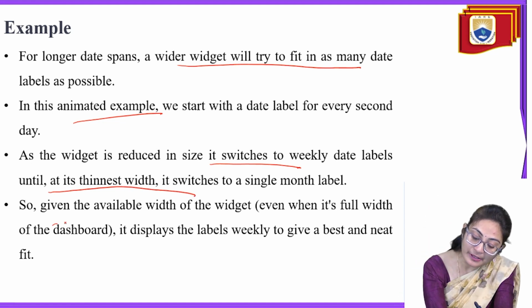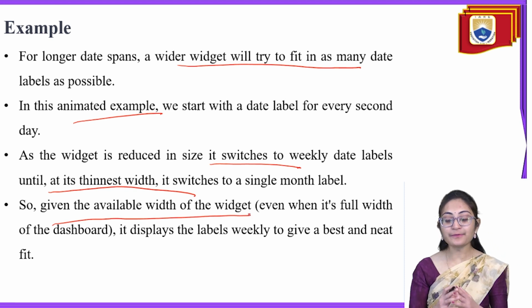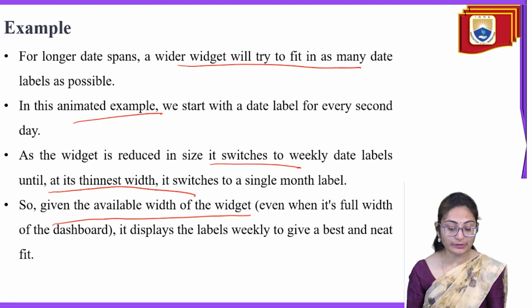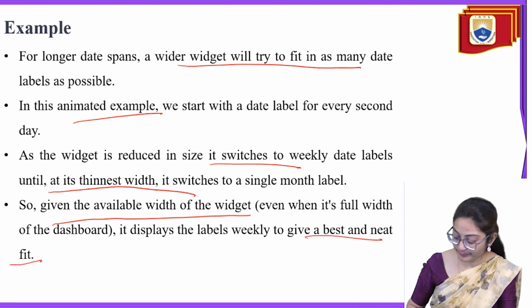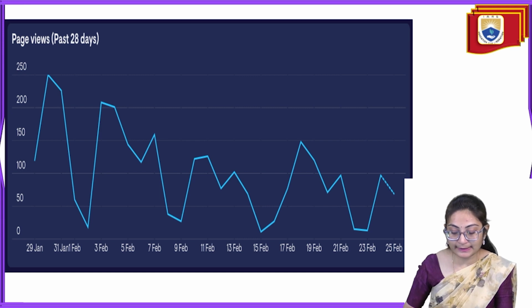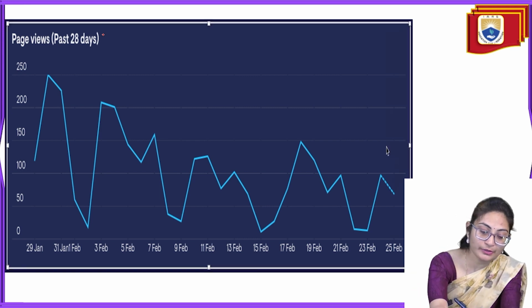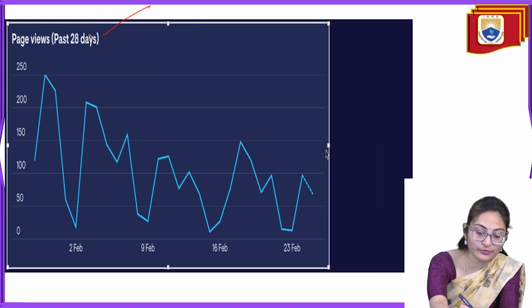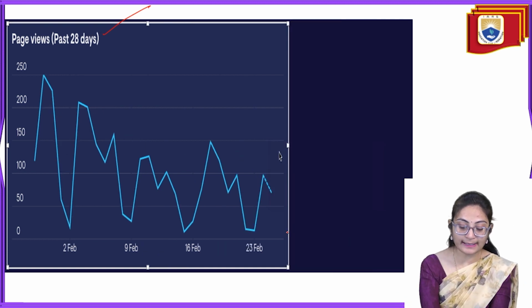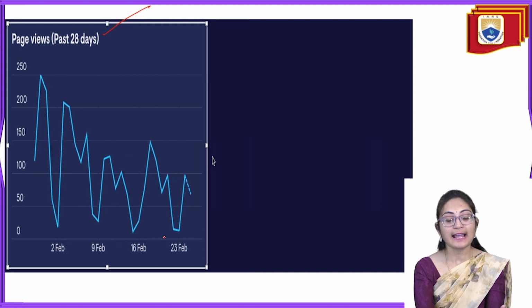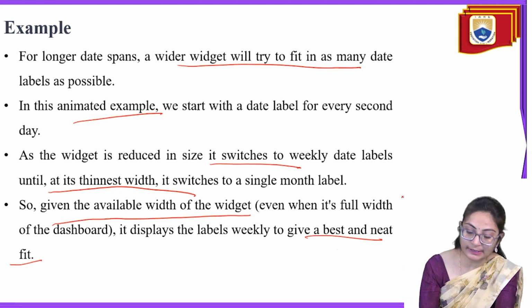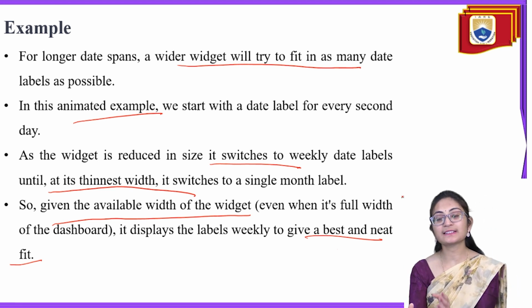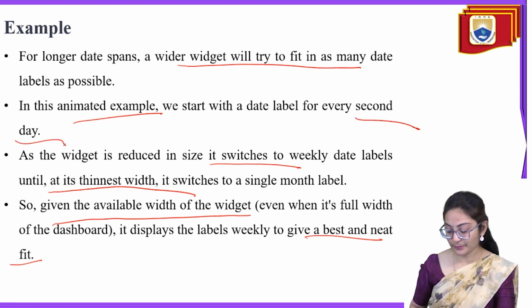Given the available width of the widget, even when it's the full width of the dashboard, it displays the labels weekly to give a neat fit. So here you can see that this is your data. These are your page views. You can see that this width is becoming less, and again after some time it will increase. So here also the date labels generally go down according to your day.